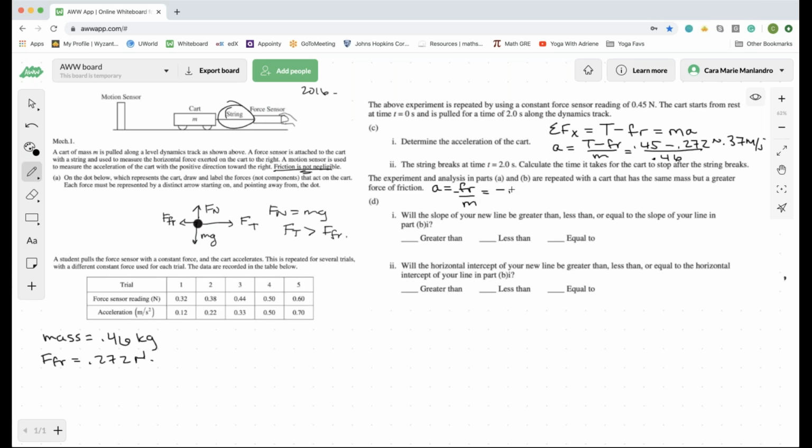So negative 0.272 over 0.46 is my acceleration. Then I'm going to plug that into vf equals v naught plus at. Does that make sense to everybody? Okay, great.